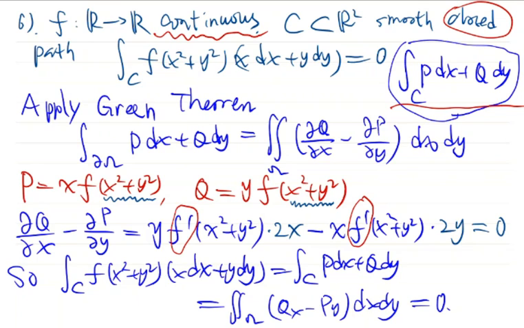The second problem is that C is a closed path, but a closed path does not mean that it is the boundary of a domain.